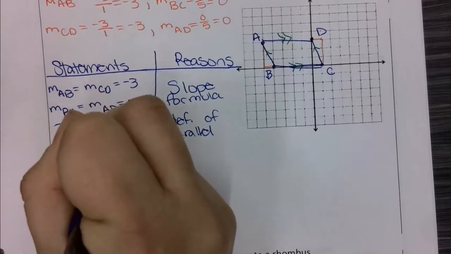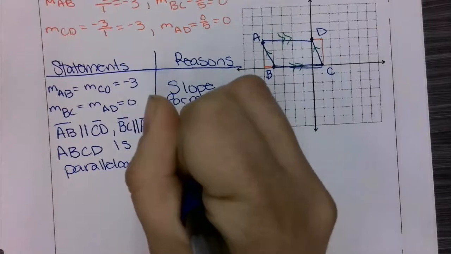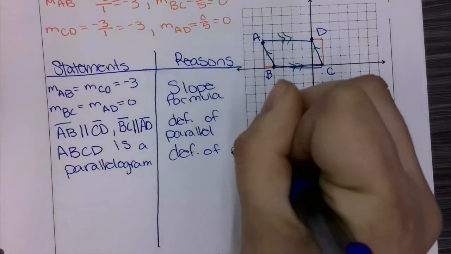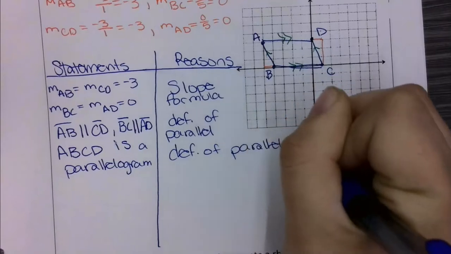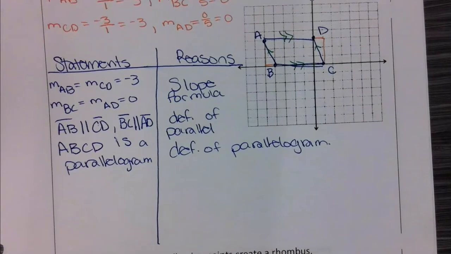Why is it a parallelogram? So it met the definition. Because the definition of parallelogram was that it had two parallel sides. I mean, two sets of parallel lines.